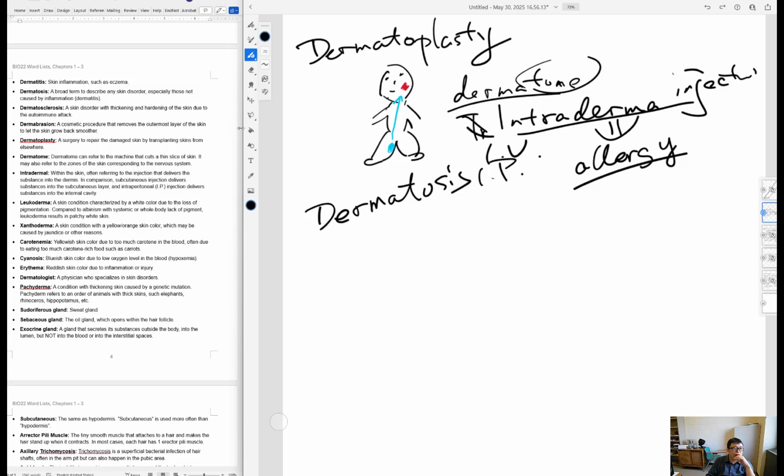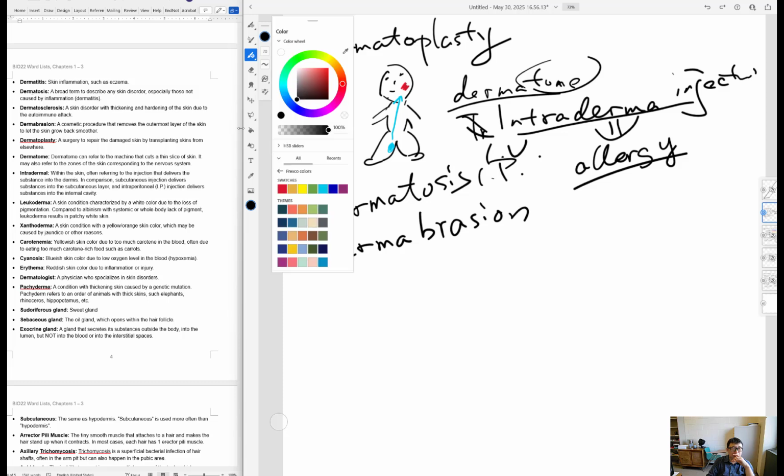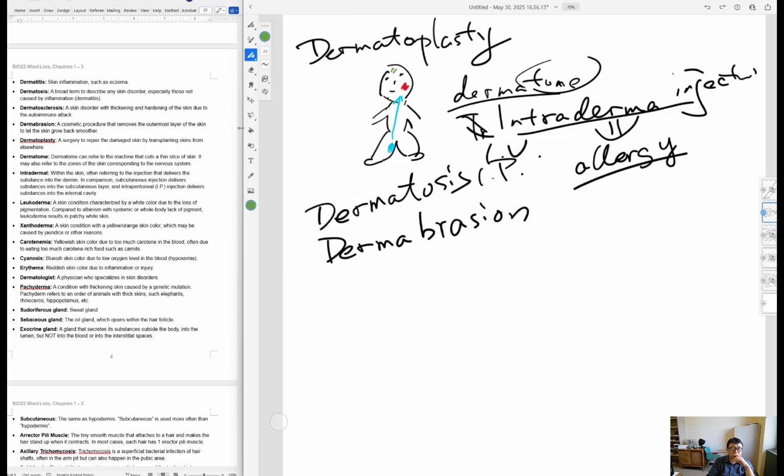So let's see. Then we mentioned dermosclerosis and dermabrasion. What is dermabrasion? That's another thing. For example, here I have some scar, a very bad scar. And how can I make it better?